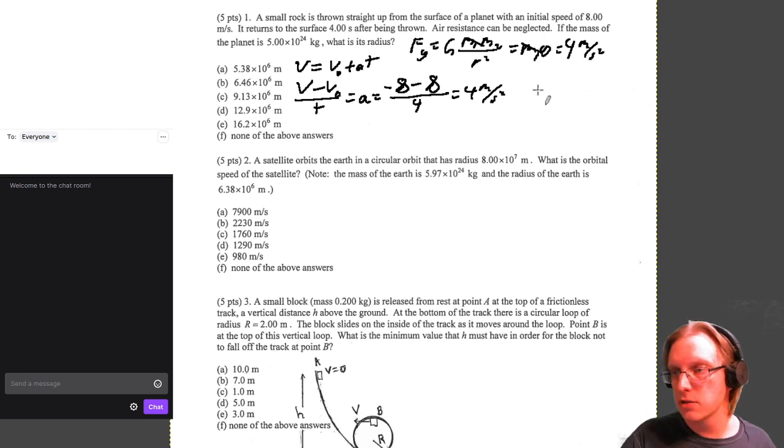We're looking for the radius. So then g comes down, and we trade those and take the square root. So we take the square root of G m2 over little g, which is equal to our r.